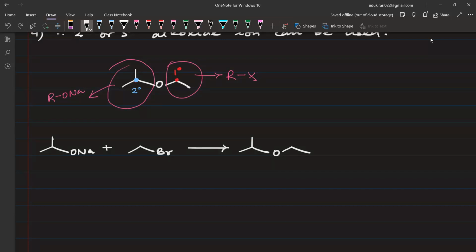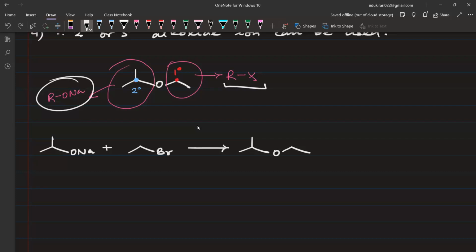Please tell me. ये बात सबको समझ में आई कि less hindered वाला haloalkane होना चाहिए, more hindered वाला alkoxide। हाँ जी, कृष्ण प्रिया, सफिया एंड अरसलान। Yes, sir. सफिया, what about you? आपको समझ में आया? Yes, sir.